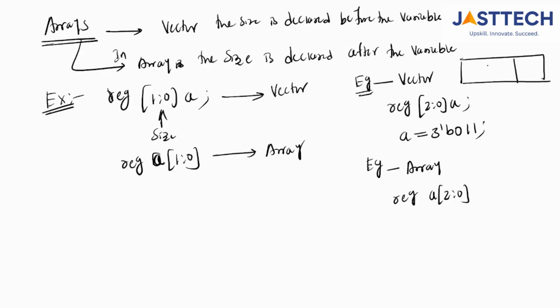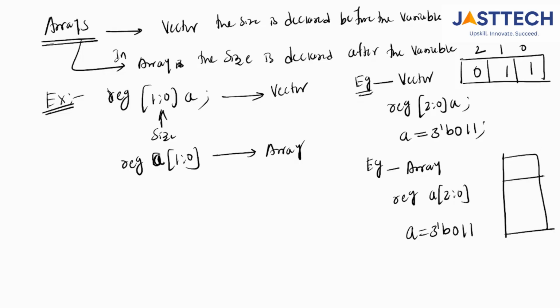There is an index we already discussed, 0 1 2, so 0 1 1 will store from MSB down to LSB. And if three locations are there and a equal to 3'b011, it will store vertically.